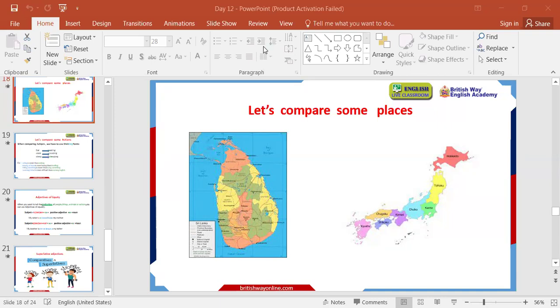Pacific Sea is bigger than Indian Sea. The railway station is more comfortable than the bus stand.